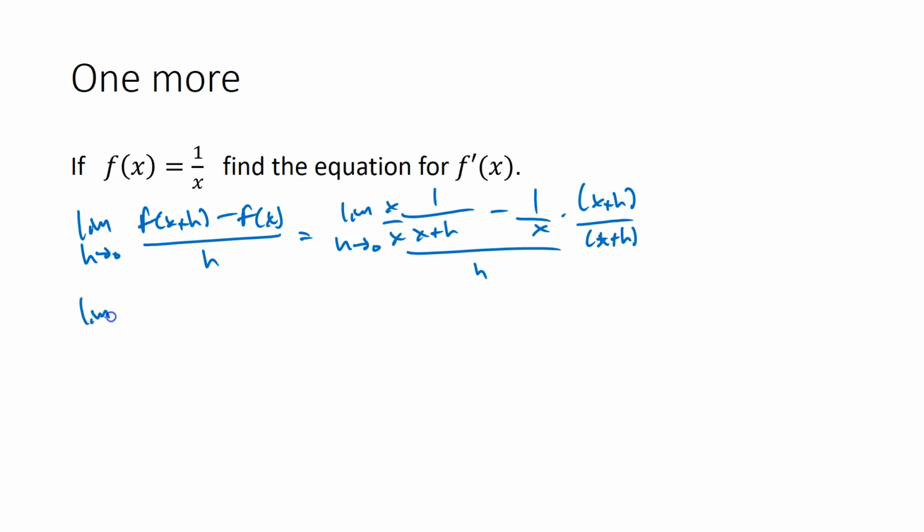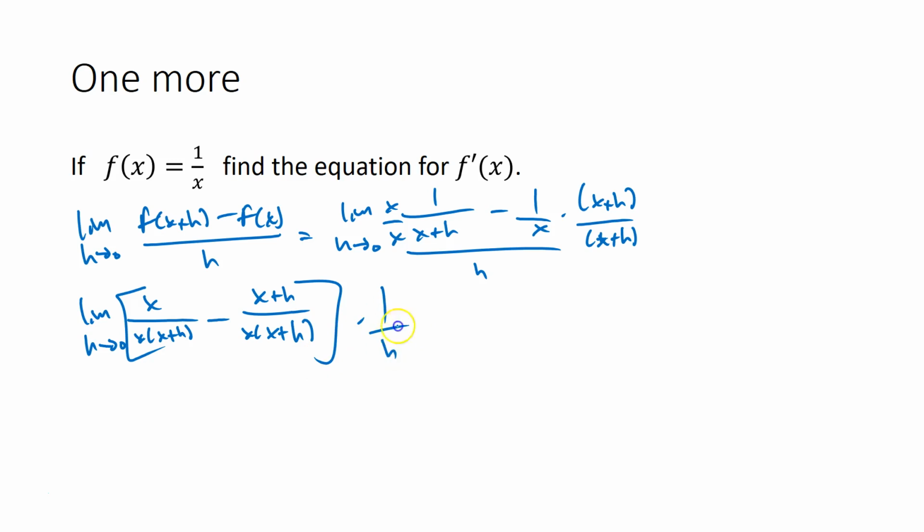So we have limit as h approaches 0 of x over x times x plus h minus x plus h over x times x plus h, all divided by h. Now I'm going to write that as times 1 over h. We did this before, right? As opposed to dividing by h, because I think it's just easier to do it this way. Combine the top here.